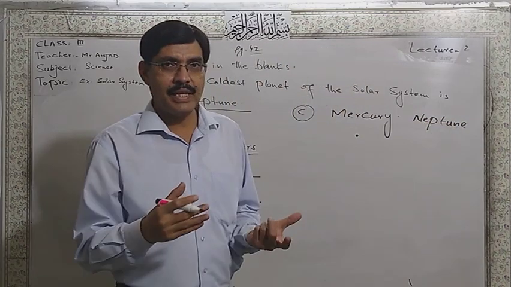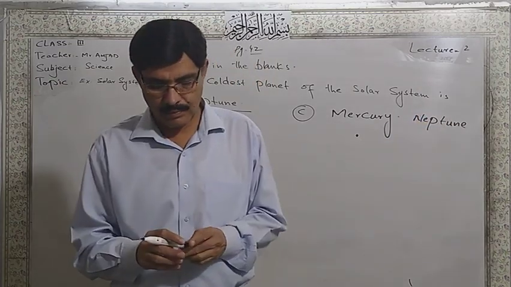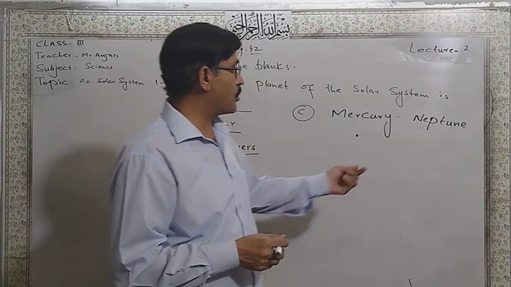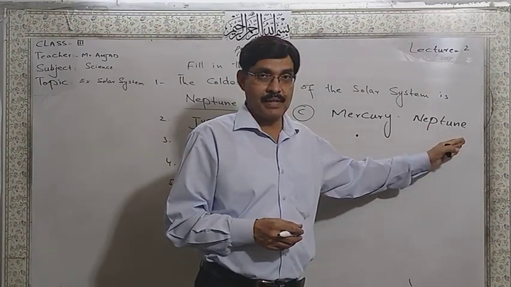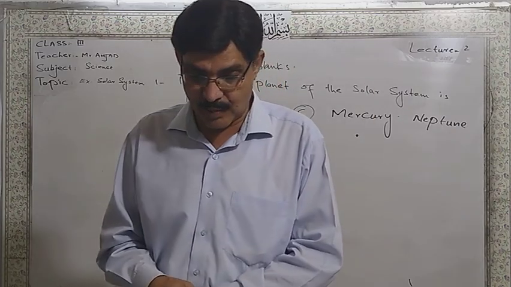Comparison between Mercury and Neptune. Mercury, as you know, is the smallest planet in our solar system, and Neptune is the last planet we have in our solar system. What is the comparison? See this one.